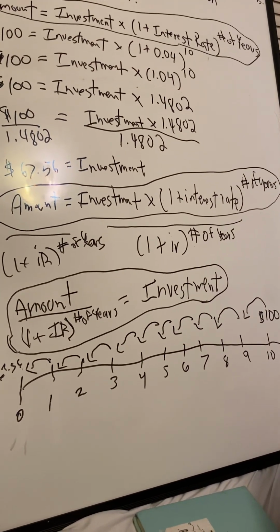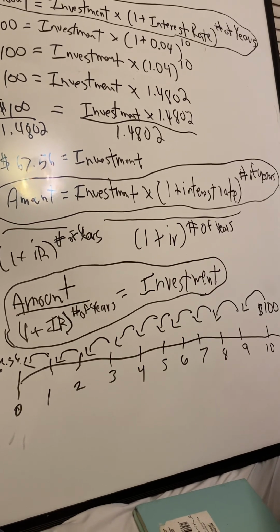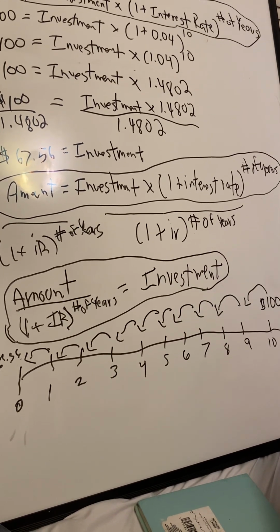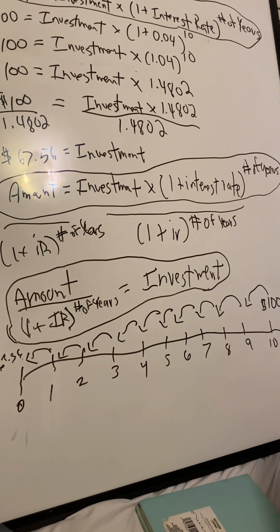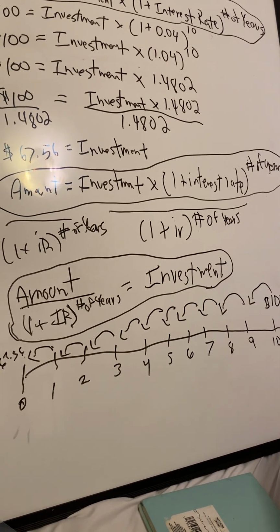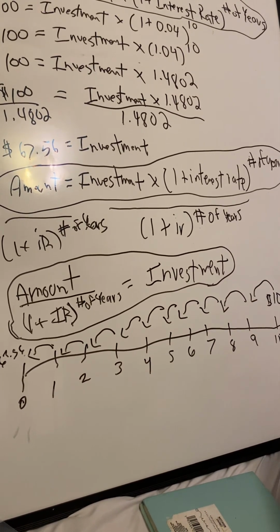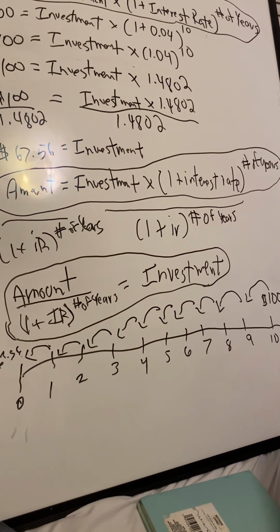So the moral of the story is, when we're accumulating money and trying to figure out the future value, we're going to multiply our investment times 1 plus the interest rate.